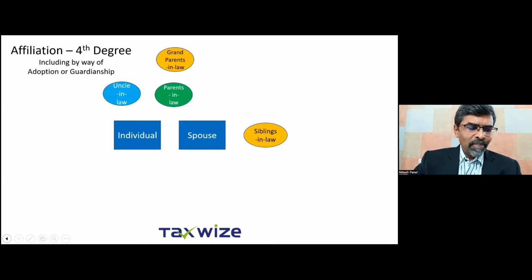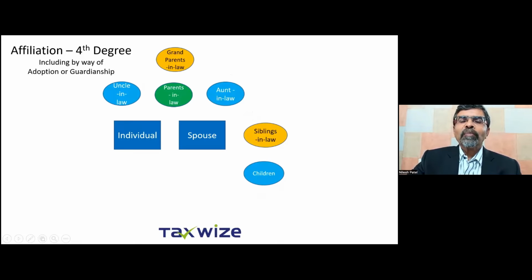They are her second degree of relatives by affiliation. Then my uncles, my aunts, and children of my brothers and sisters are her third degree of relatives by affiliation. Then my cousins are her cousins-in-law, and they are her fourth degree of relatives by affiliation.